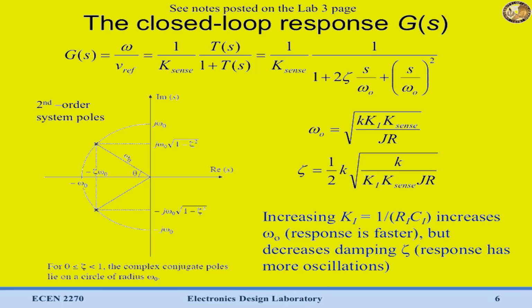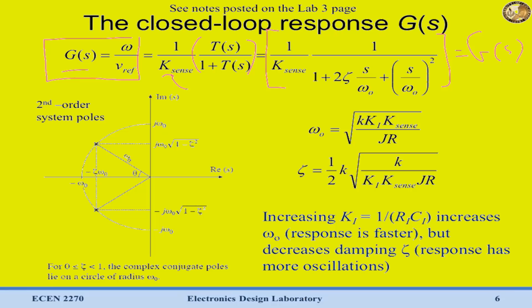So here we've rewritten the full closed loop transfer function. Again, G of S is going to equal omega over Vref. It's the transfer function between these two. And last time we saw that that was 1 over k-sense times this loop gain over 1 plus the loop gain. But if we expand that out, we'll get this expression here for G of S.